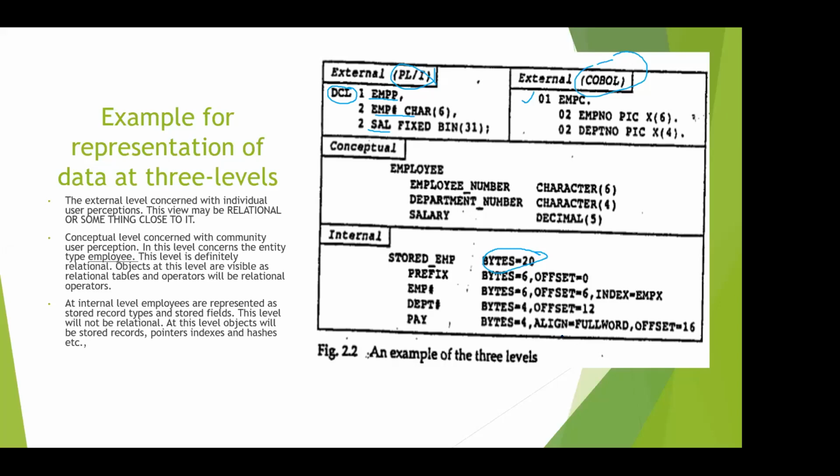The internal view is described by means of the internal schema, which not only defines the various stored record types but also specifies what indexes exist, how stored fields are represented. So here in internal levels, as we discussed in previous classes, we are representing the internal storage representation of data, and at the same time encryption and data compression techniques also.